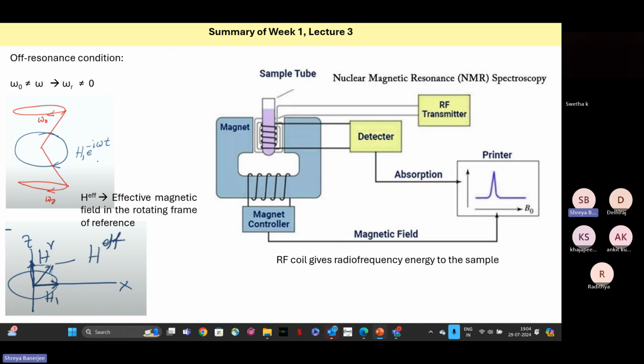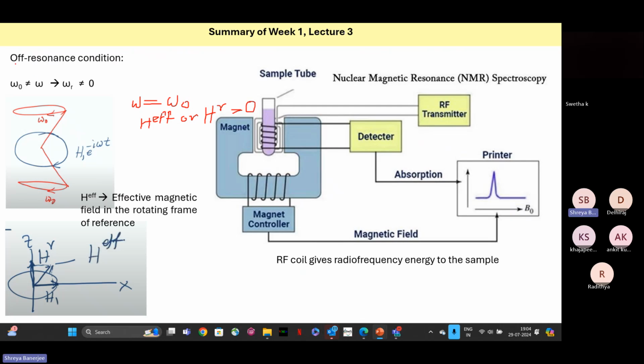Now, if you have an off resonance condition, so resonance condition we saw where omega was equal to omega naught. And if omega and omega naught are equal, the effective magnetic field in the rotating frame of reference, H effective, or we can call it HR, R because of rotating frame of reference, this was also 0.